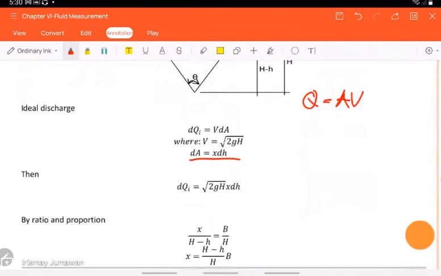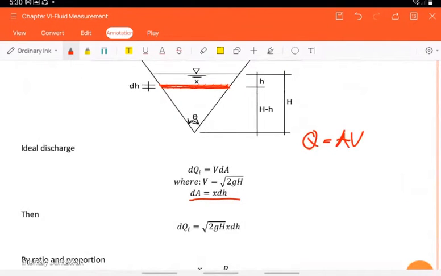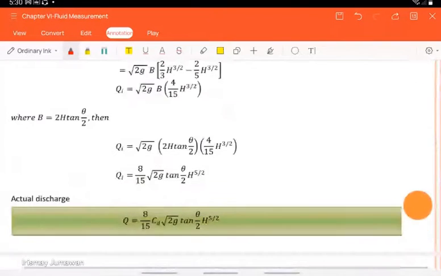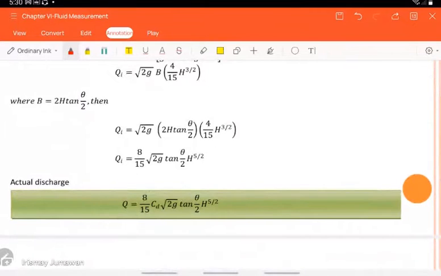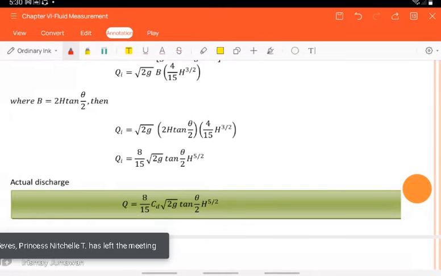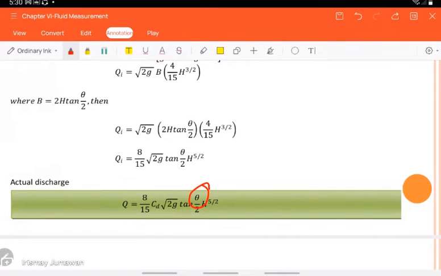So upon integration, we have this formula that is 8 over 15 CD square root of 2g tan theta over 2 times H to the 5 halves. So this is the formula of the triangular weir for a given theta.